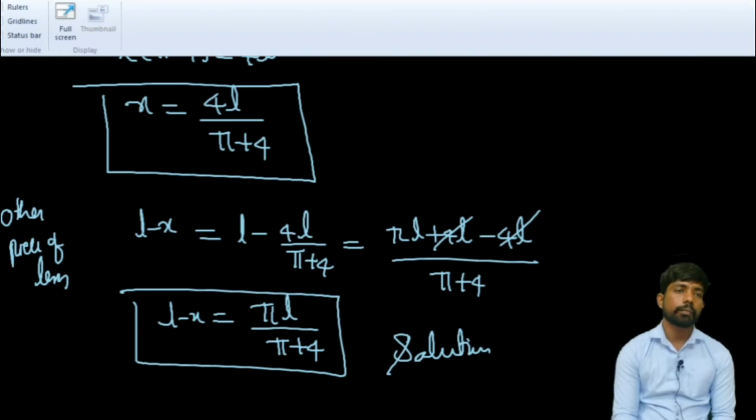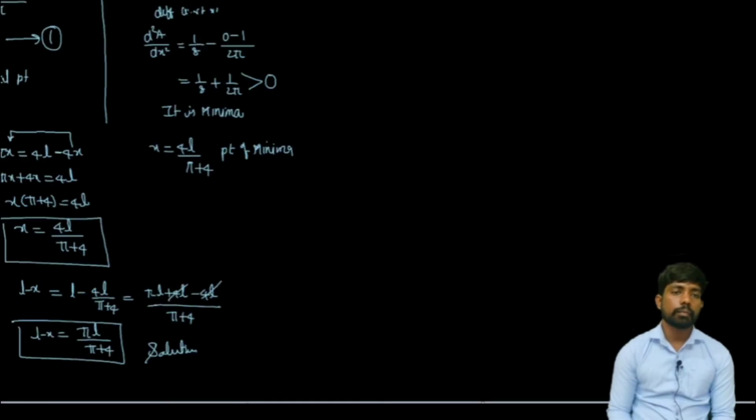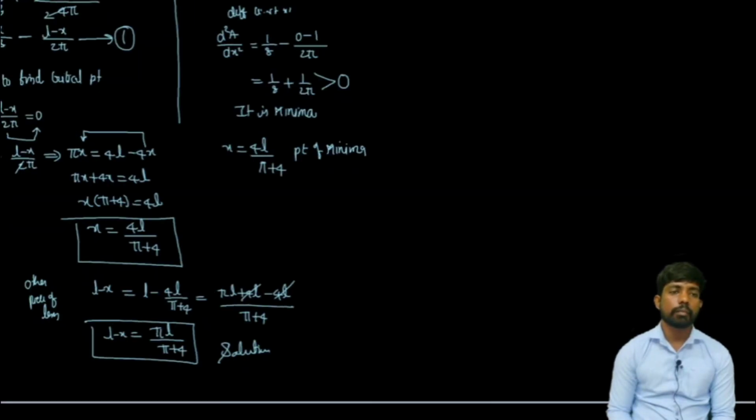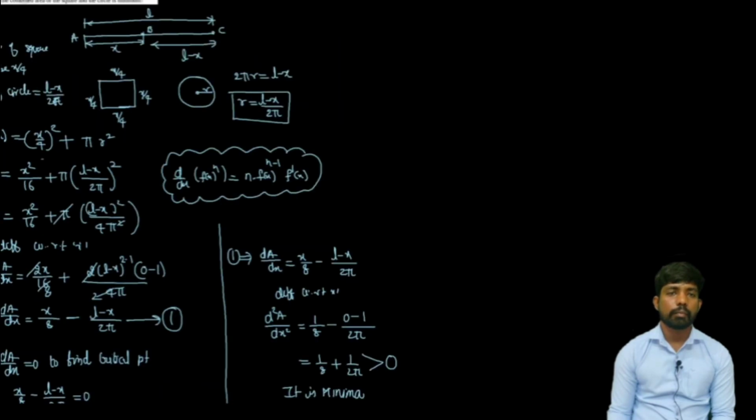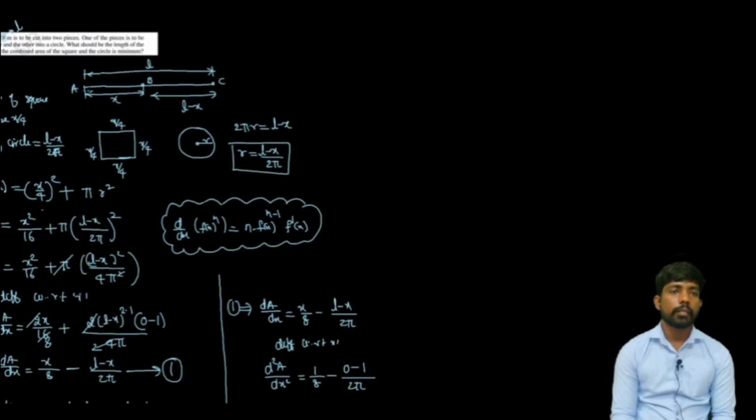Clear? Consider a piece of wire of length L. Here the dimension is given, but it changes from question to question, so it is better to consider L. So we divided this piece of wire into two pieces.